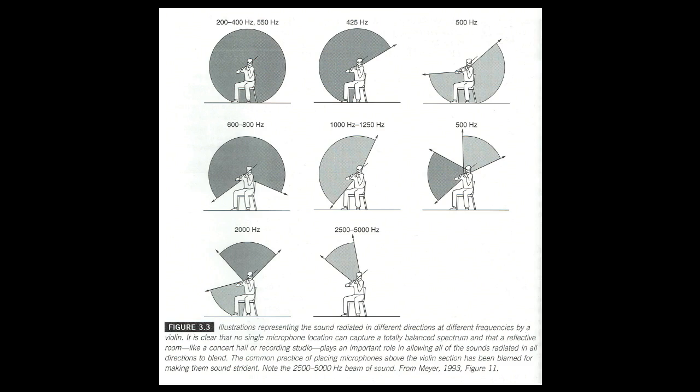Right. In fact, we have a couple of things to show in that regard, if you're ready to show these graphics. Yeah, why don't we look at the violin? Right. The sound radiation graphic for the violin would be the first one to look at, and we'll see how the radiation pattern from a violin really changes at different frequencies.